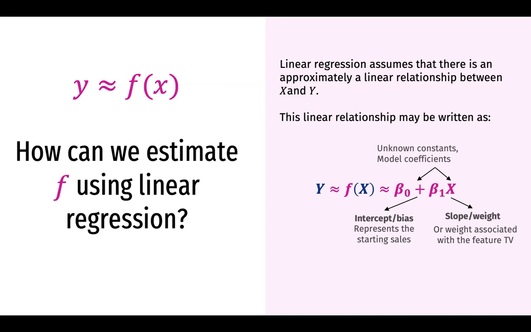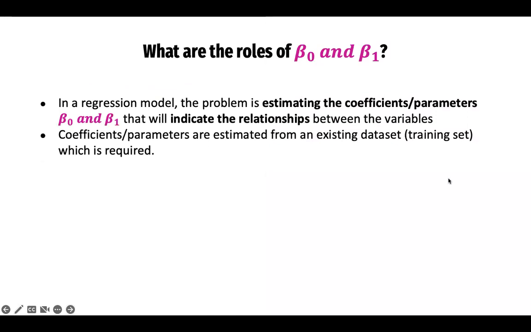The beta 1, on the other hand, is the weight or the slope that is associated with a certain feature. So in the case of the advertising again, this beta 1 is the weight that is associated with the predictor TV. So what are the roles of these parameters, beta naught and beta 1? In a regression model, this is actually the problem, and that is what we need to do: estimate the value of these parameters.